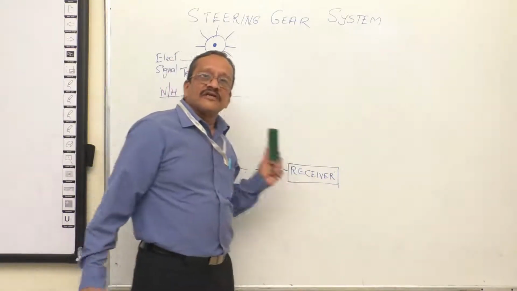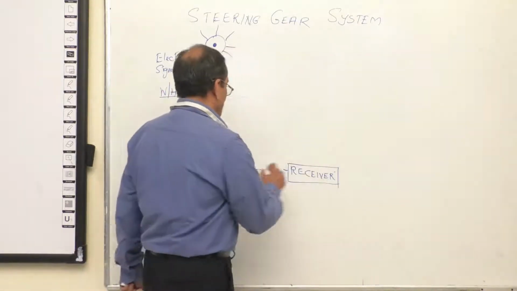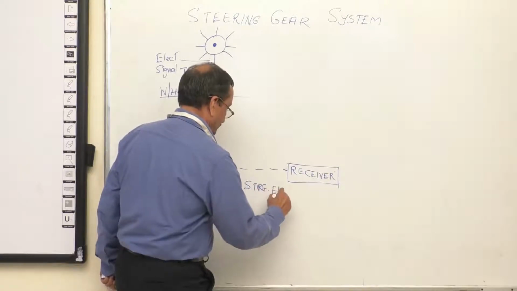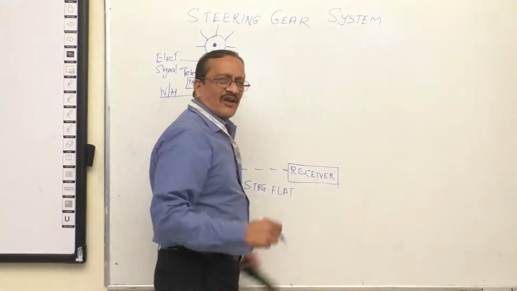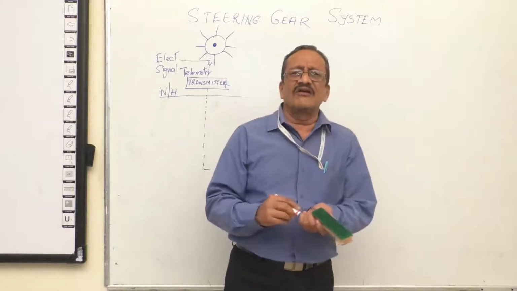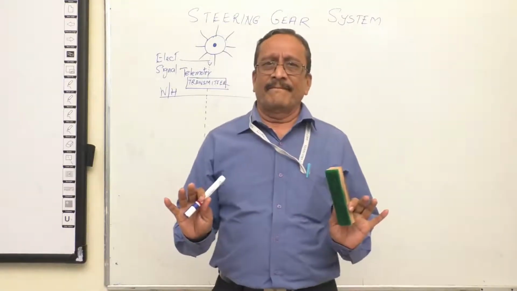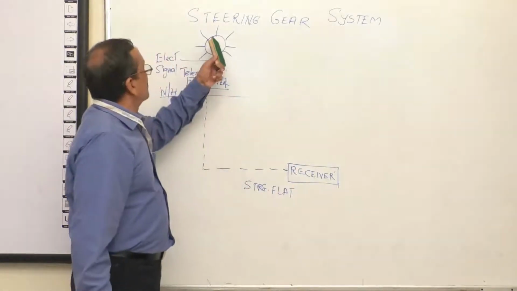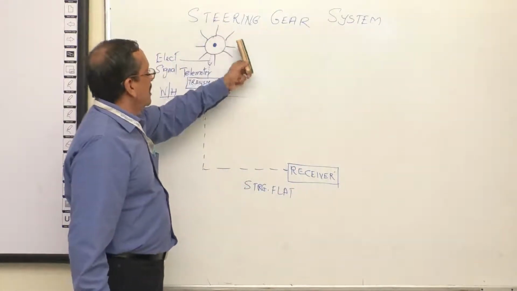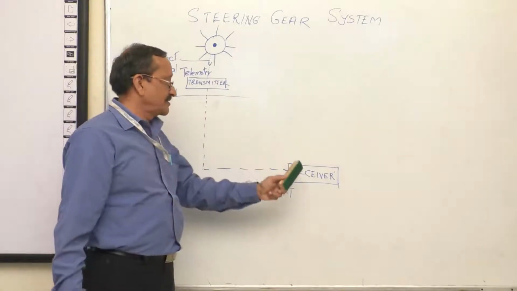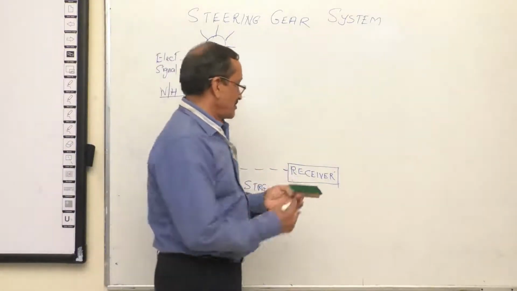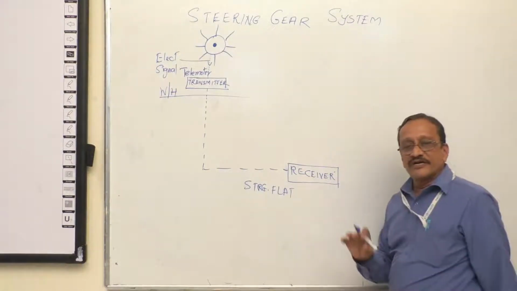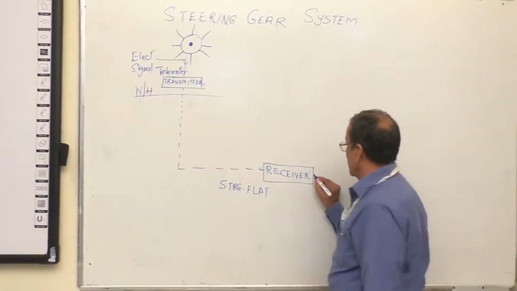This receiver is located in the steering flat. You can call it a steering flat, or you can also call it a steering compartment. So here the signal from the wheelhouse is transmitted to the steering flat, and from here the electrical signal has to be converted into a mechanical movement.